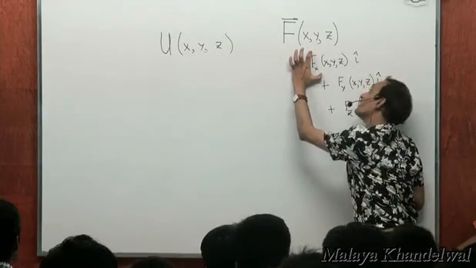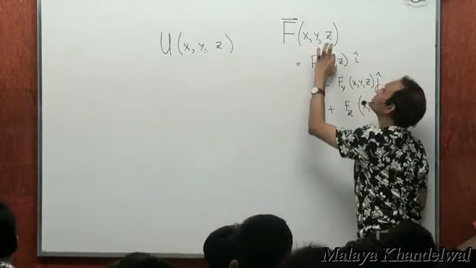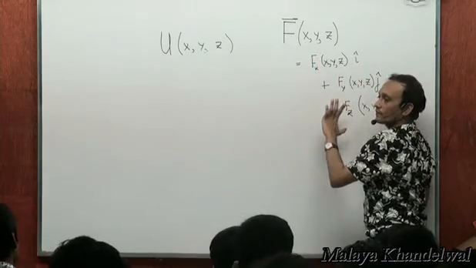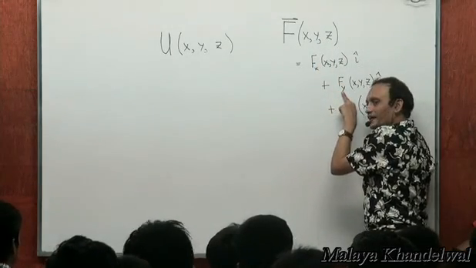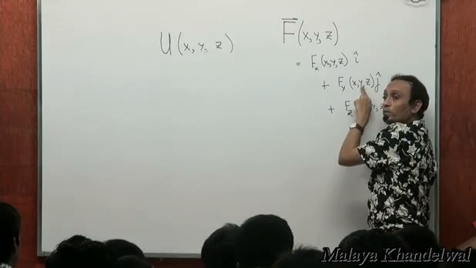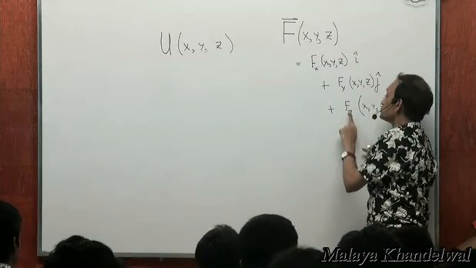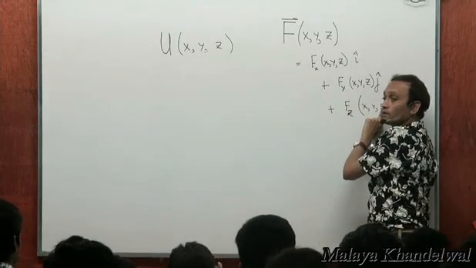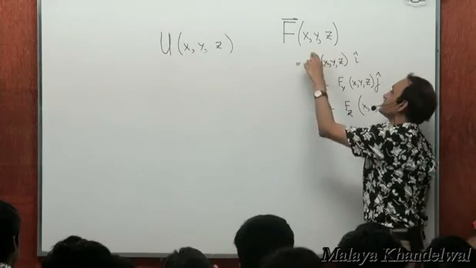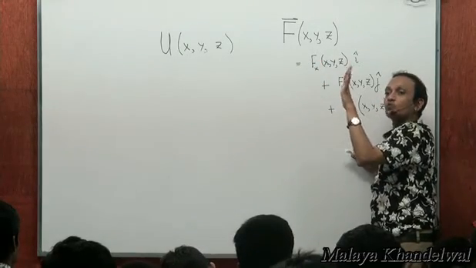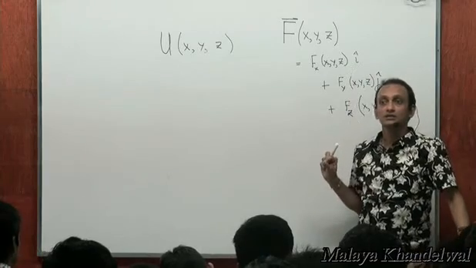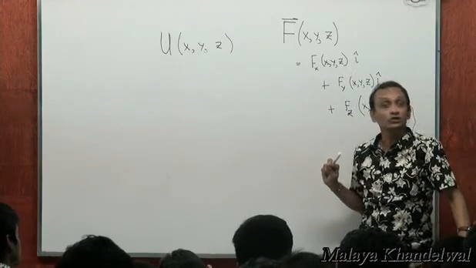It will depend on where the particle is, that means the coordinates of the point x, y, z. Isn't it? The component of the force in the y direction will depend on where the particle is, x, y, z. The z component will depend on where the particle is. It's just that this Fx, Fy, Fz will be directed along the x, y and the z directions. Are you okay with this or not okay?